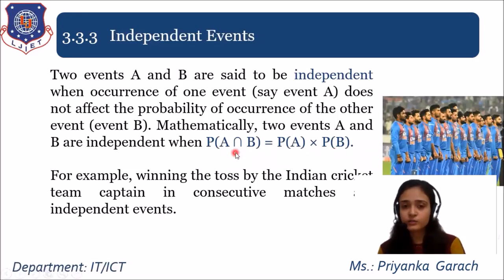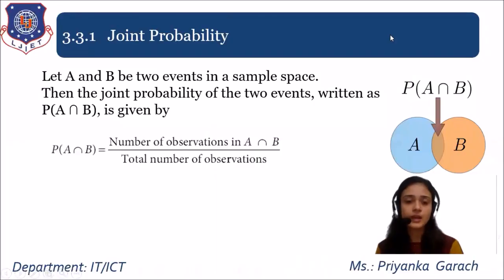Now, to find the probability of A intersection B, again you have two different formulas. The first formula is this: if A and B are independent events, then the probability of A intersection B equals the probability of A times the probability of B. But if A and B are related to each other, then you have the formula: A intersection B equals the number of observations in A intersection B divided by the total number of observations.